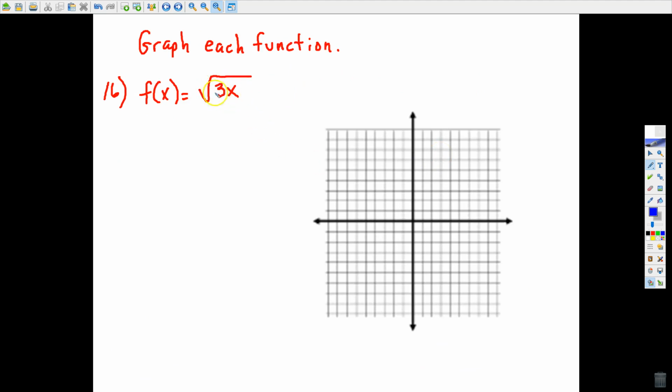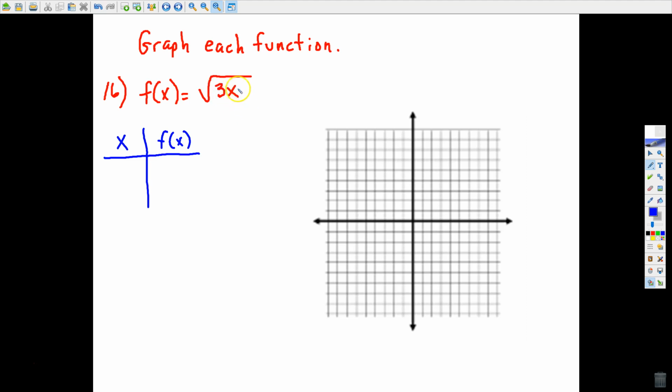Once again, this is not a translation of the parent, so we're just going to do some inputs and outputs. But we've got to remember that for inputs, appropriate domain numbers, we've got to avoid this becoming a negative number when we input for x.